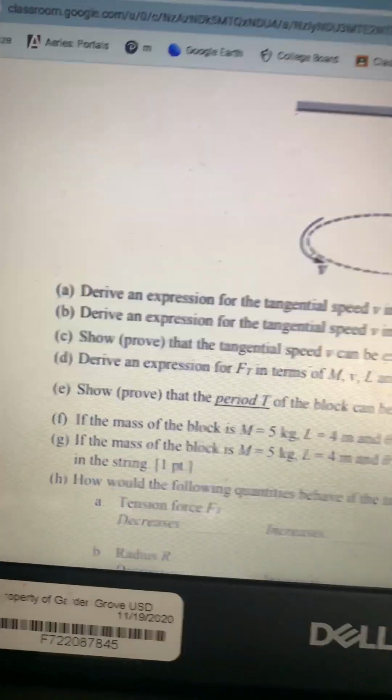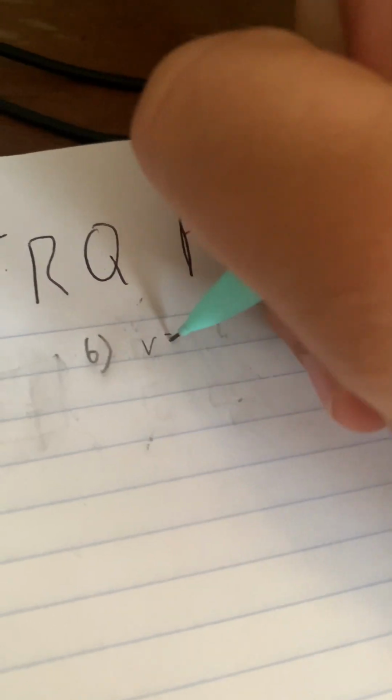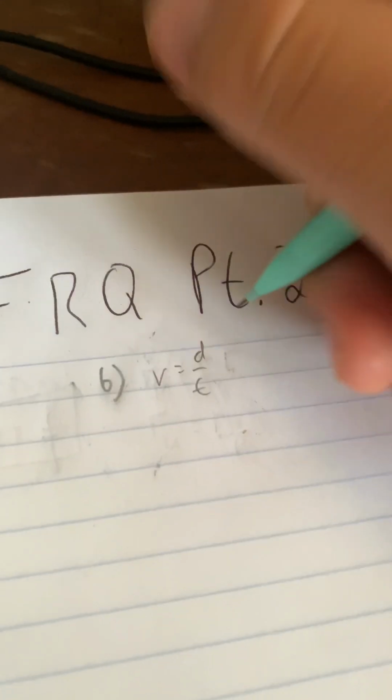Part B asks us to find the tangential speed v in terms of L, t, and theta. So we know, as we did before, that speed is equal to the distance over the time, and we can find the distance by finding the circumference, which is d equal to 2 pi r.